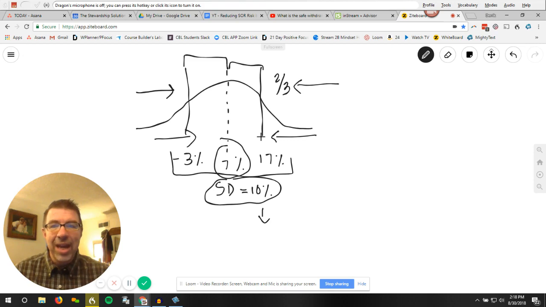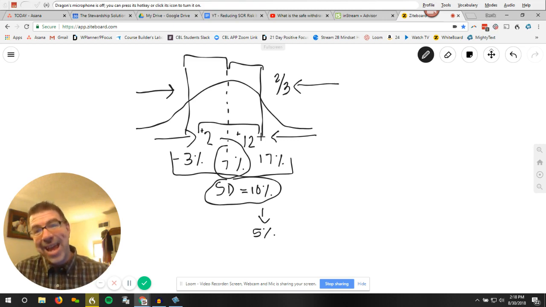A standard deviation of, for example, half that, 5%, would mean that our range of returns 2/3 of the time would be 12, and then 7 minus 5 would be 2. So these are both positive numbers.